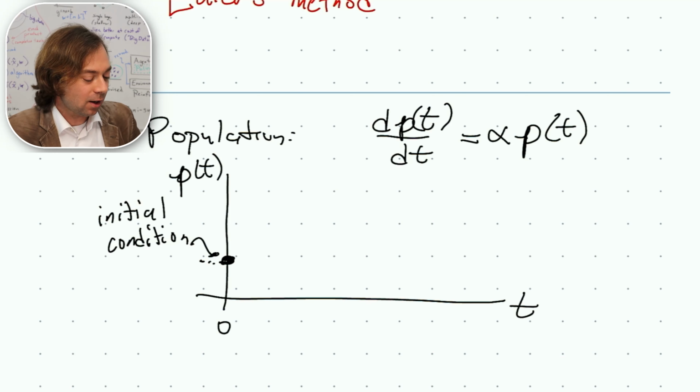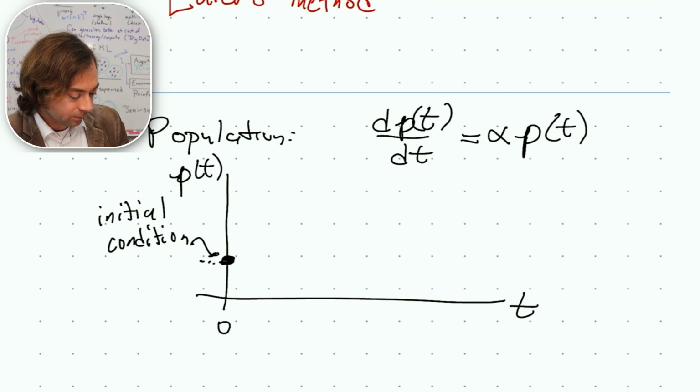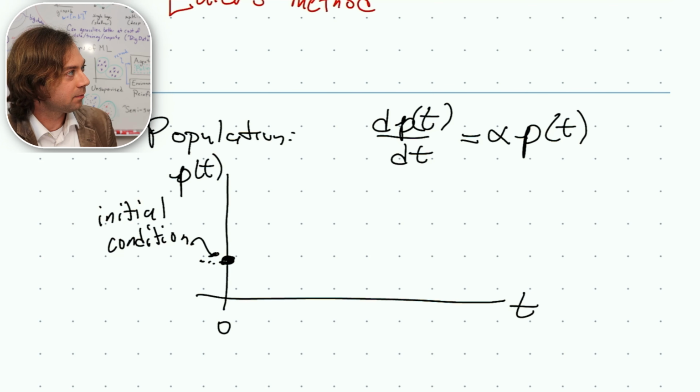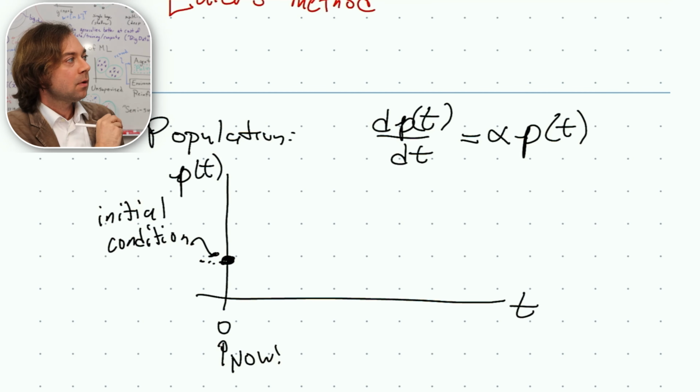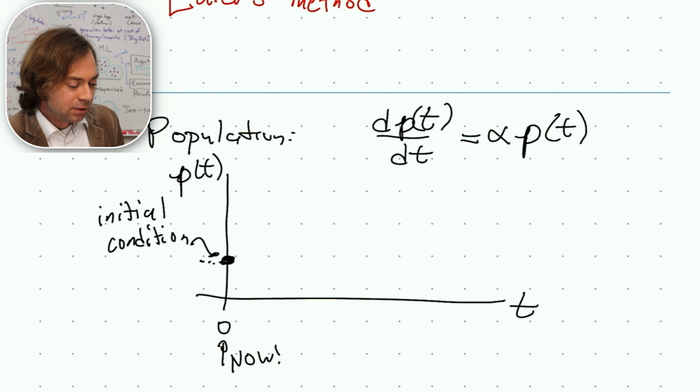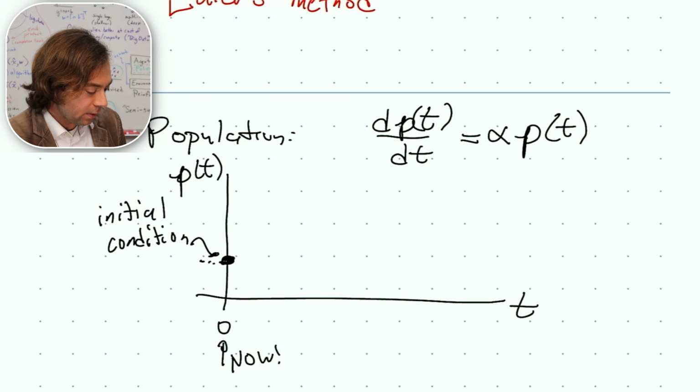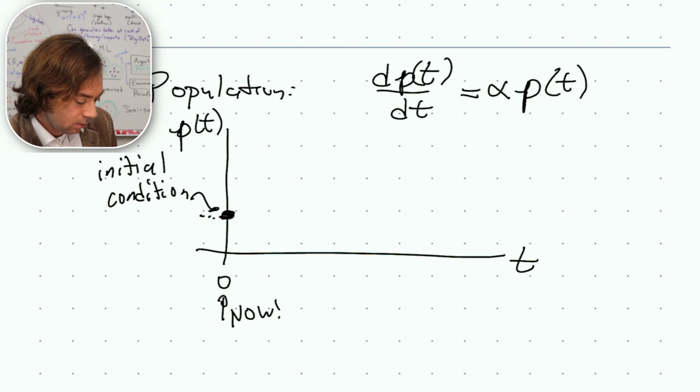Good. All right. So we are currently at this time here, right? This is now. Welcome to now. All right. And now we're going to use Euler's method.